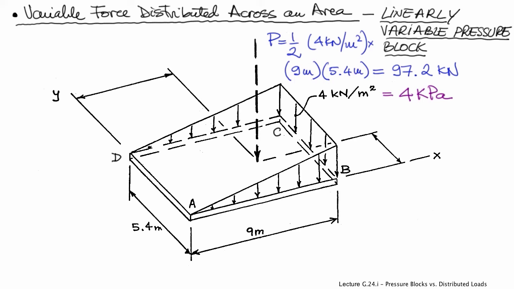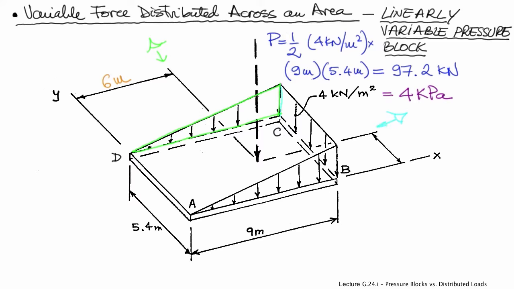And the location of the equivalent concentrated force is again at the centroid of the volume. Now if you project this in the 2 orthogonal directions, you can look from those directions and determine the location of the force in the 2 directions.